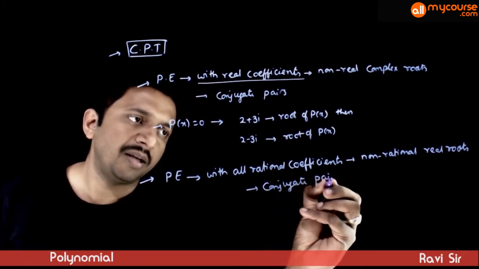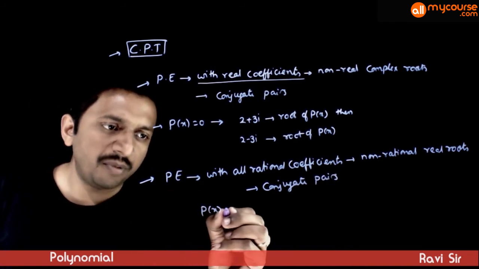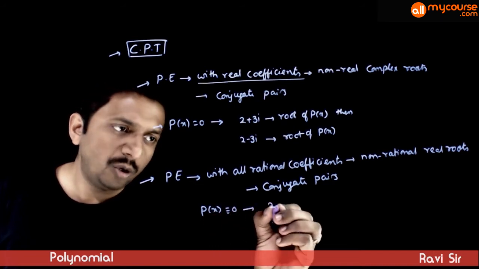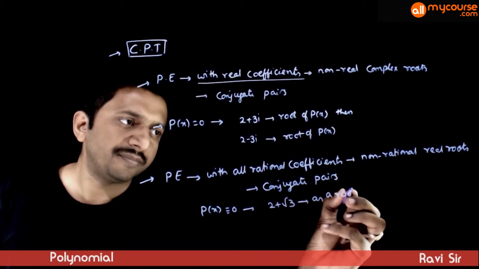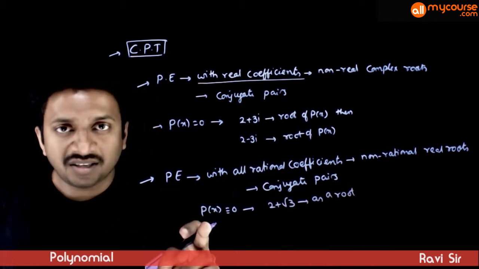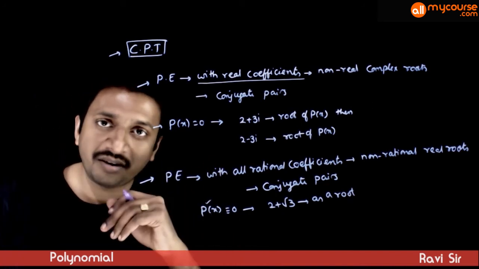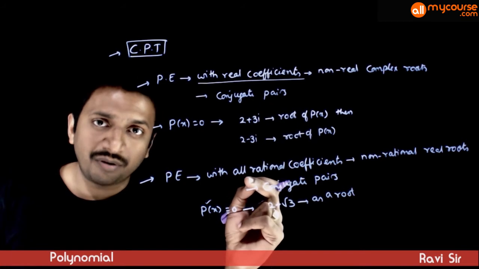For example, if you have a polynomial p of x is equal to 0 that has 2 plus root 3 as a root, where all the coefficients of p of x are rational, this time you should not have any irrational coefficients.